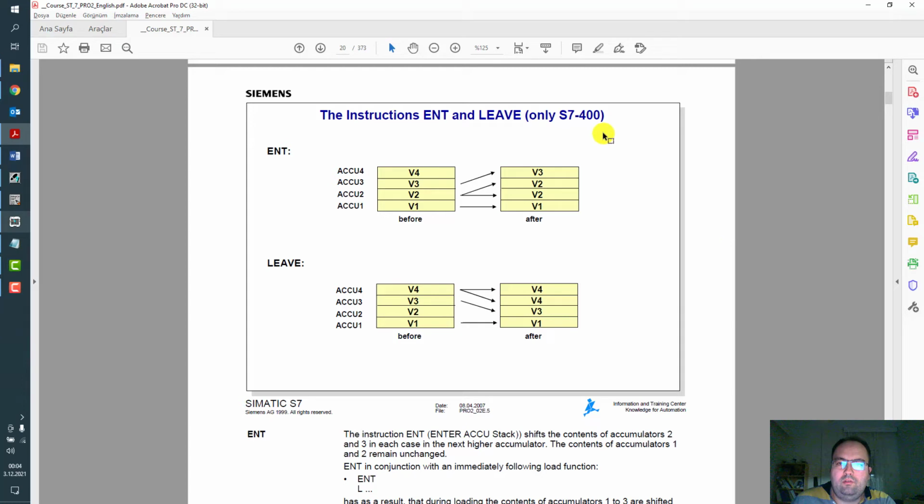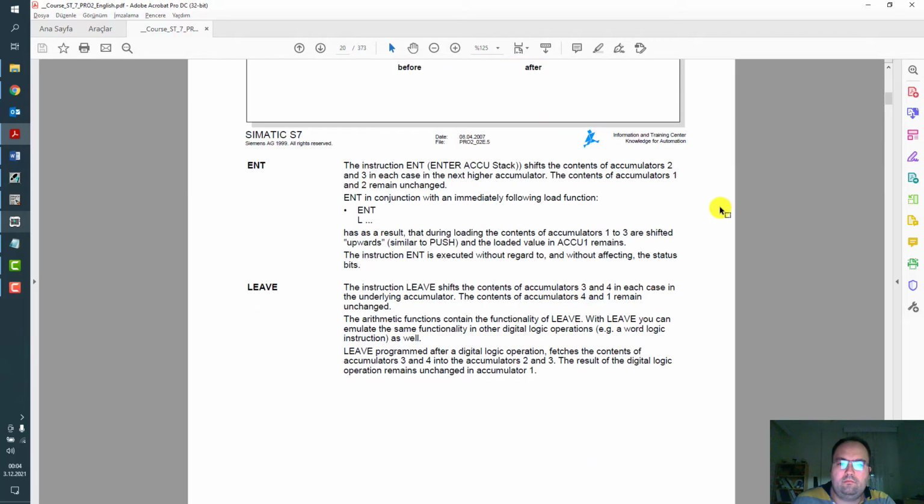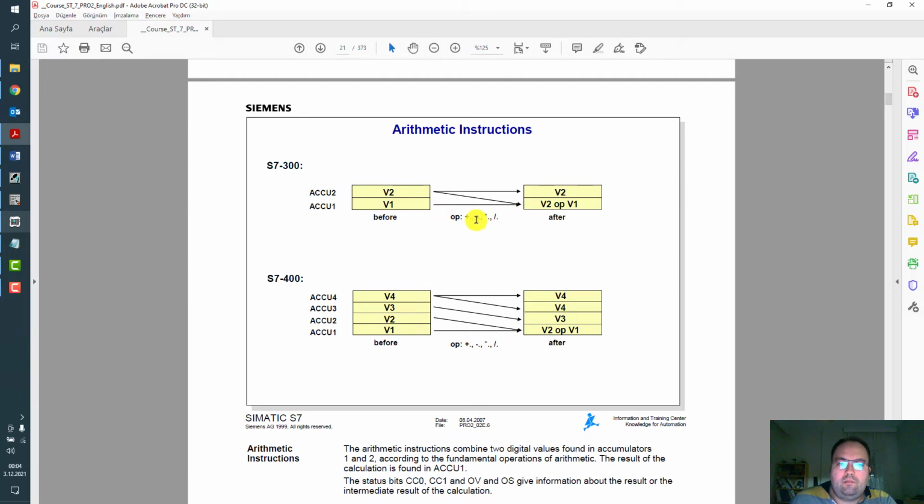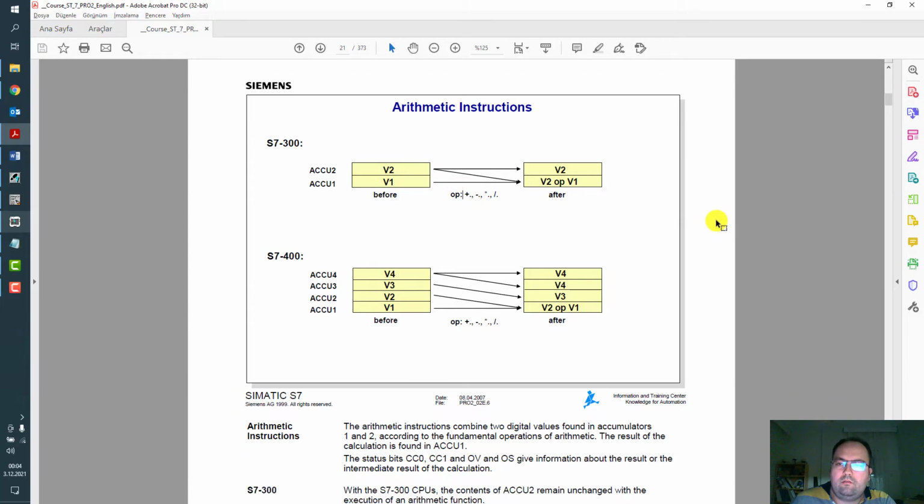And only for STEP 7 400, enter and leave affect all of the accumulators. And arithmetic instructions like plus, minus, division, multiply affect the first two accumulators.